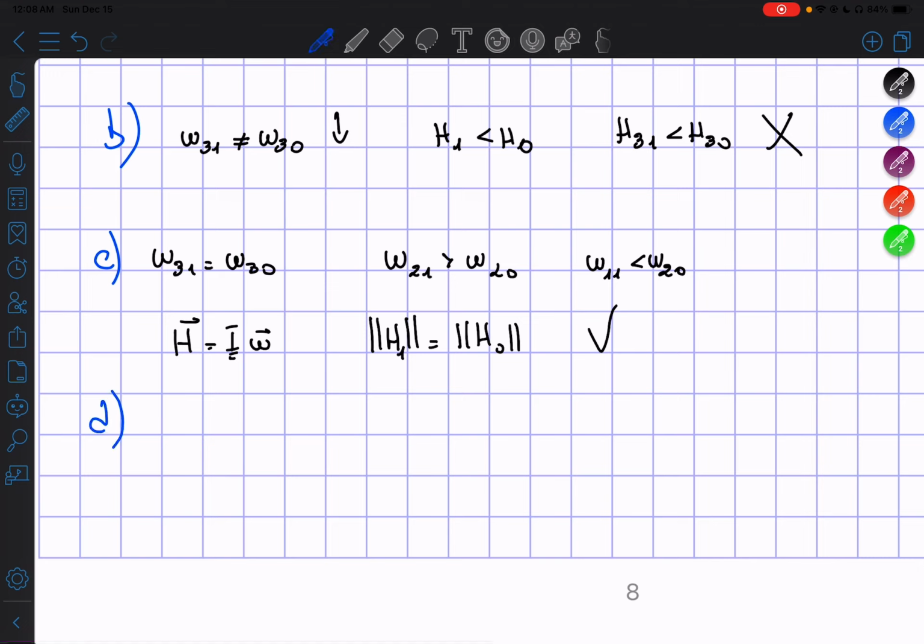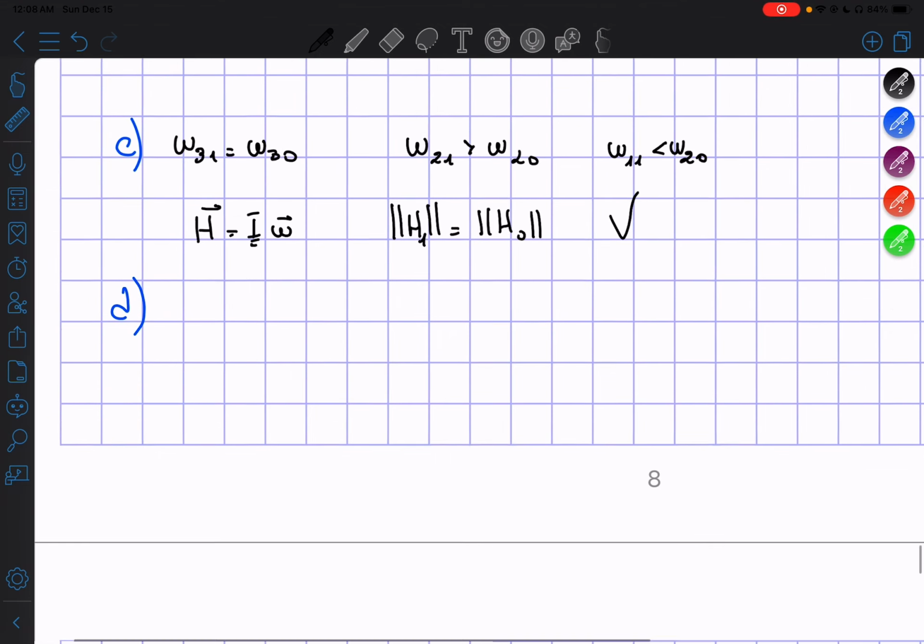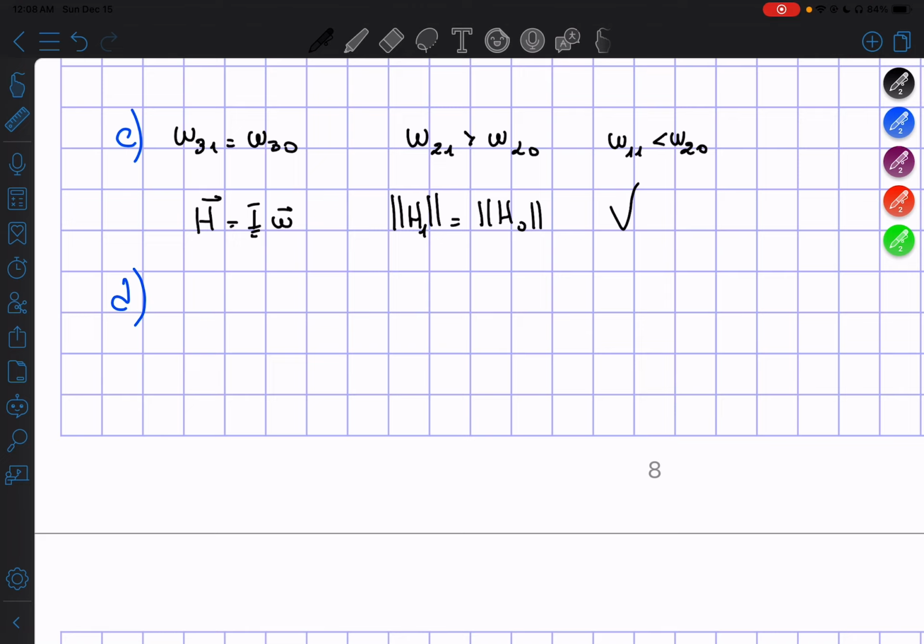Then D, by looking at it, we can see that our omega 3 at time 1 is the same as omega 3 at time 0. Then our omega 1 at time 1 is less than our omega 1 at time 0, and our omega 2 at time 1 is also less than omega 2 at time 0, meaning that we have a definite decrease.